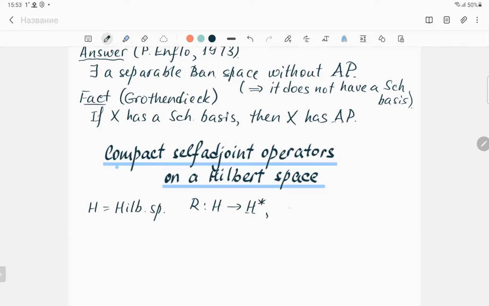So this bijection takes each element x to the linear functional, which is the inner product with x. So we know that R is an isometric antilinear bijection.